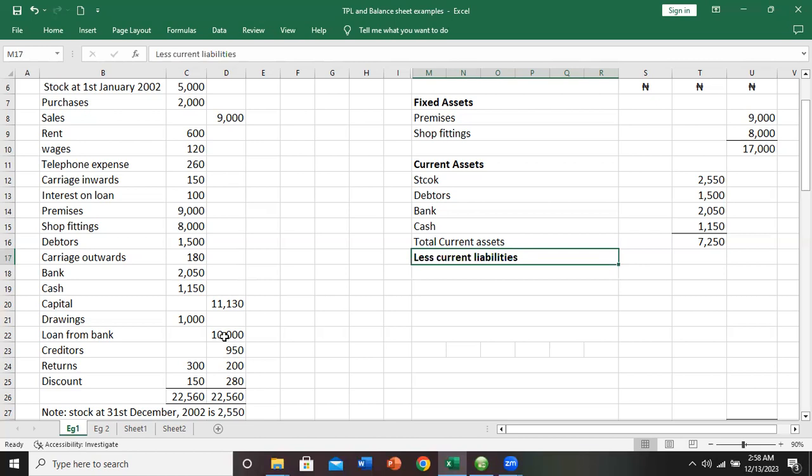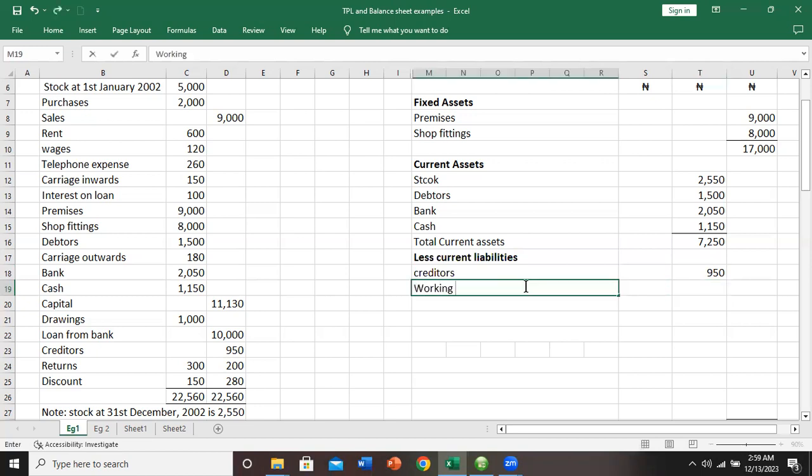Loan is a liability, but it's the long term, not the current. So the current one you have here is your creditors, as you see it here. So you pick your creditors, and there's no bank overdraft or anything. So in this case, you can push your creditors figure straight away under the total current asset, because that's the only current liability. So you less this from the total current assets, and what you get is the working capital.